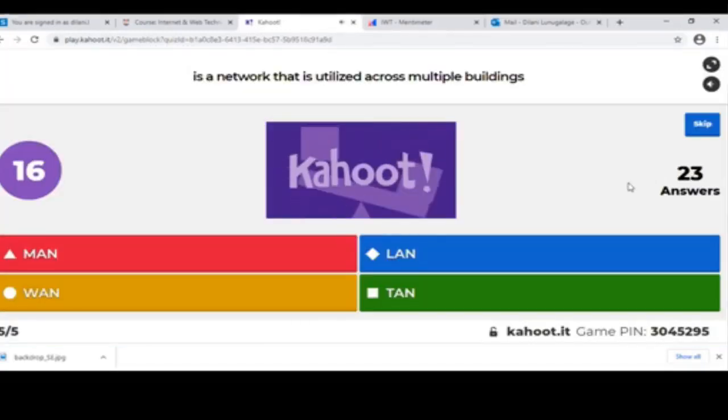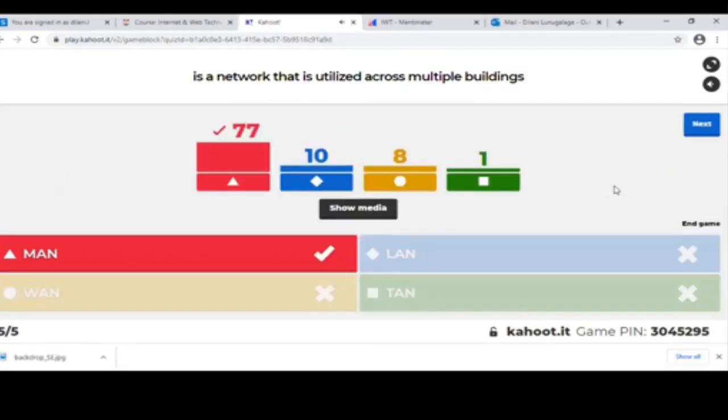It's a network that spans across multiple buildings. Okay, there can be two correct answers actually. Yes, man. And the people who said LAN, it also could be correct, right?